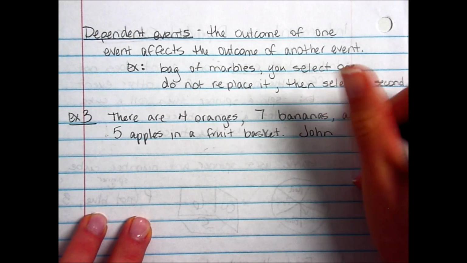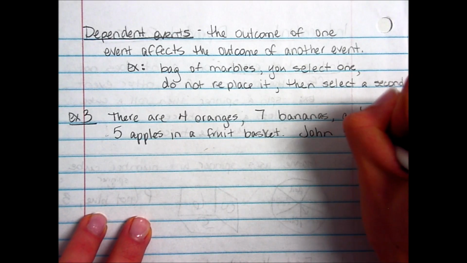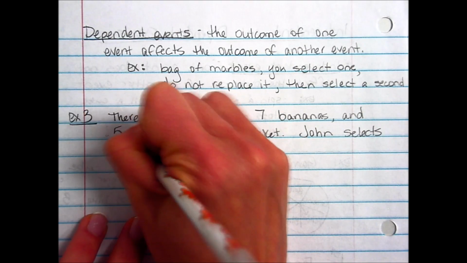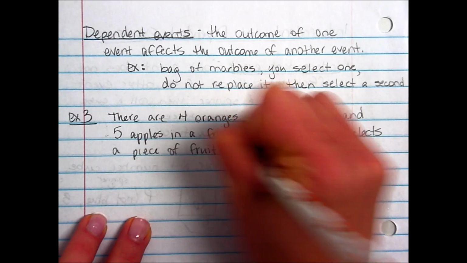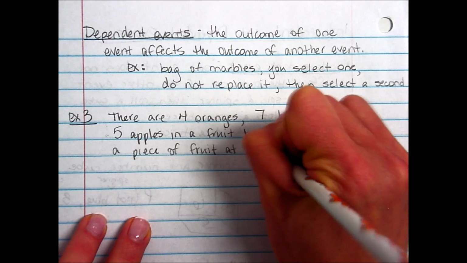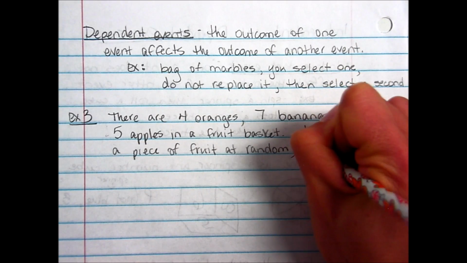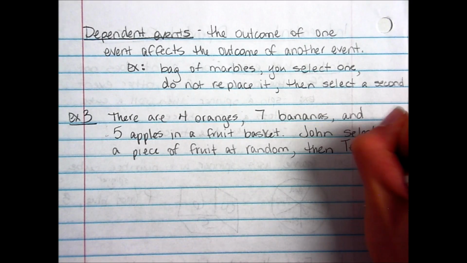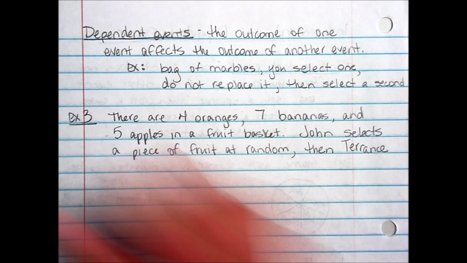So this first guy, John, goes to select a piece of fruit at random. And then a second guy, Terrence, selects a piece of fruit at random.